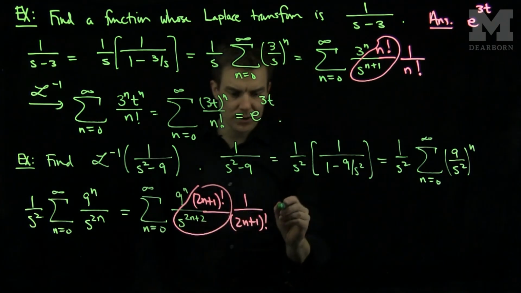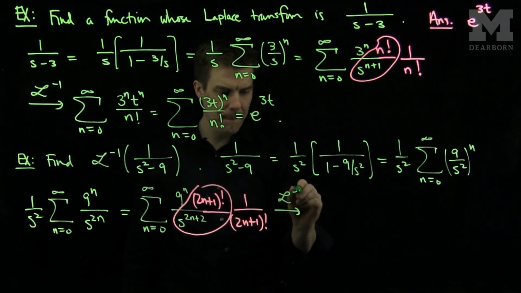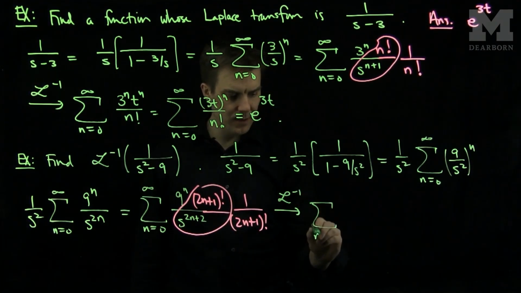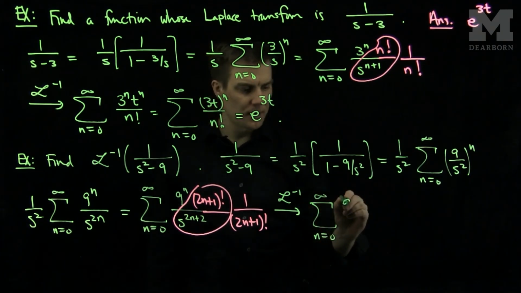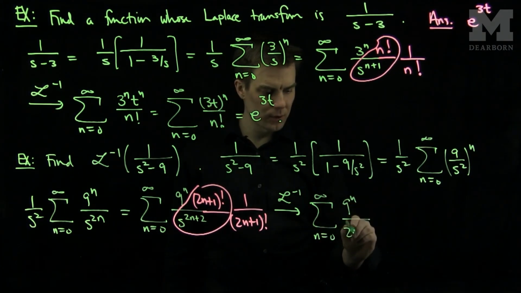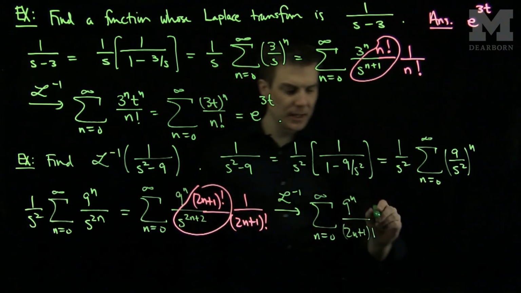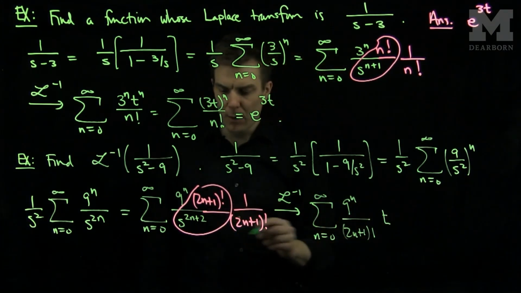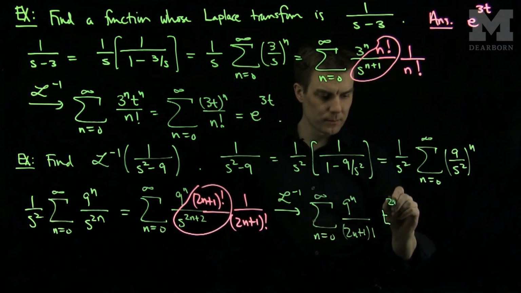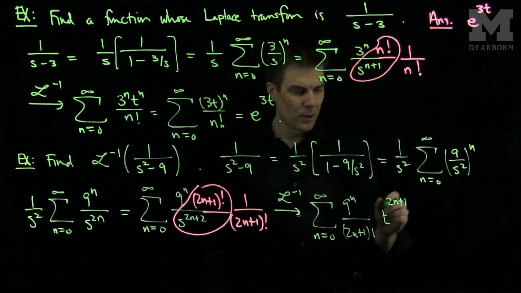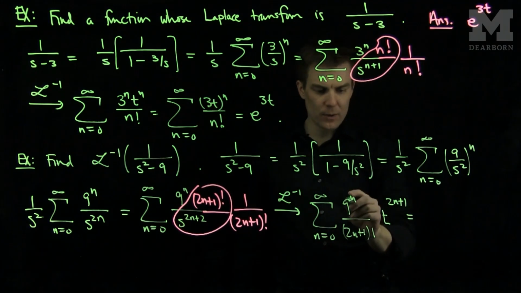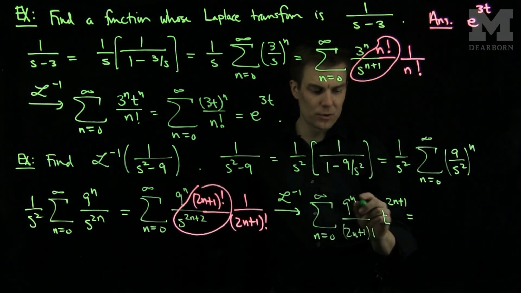These will inverse Laplace transform to the sum, n goes from 0 to infinity, 9 to the n over 2n plus 1 factorial, and then I will have a t to the power 2n plus 1, which I can write with 9 to the n as 3 to the 2n.